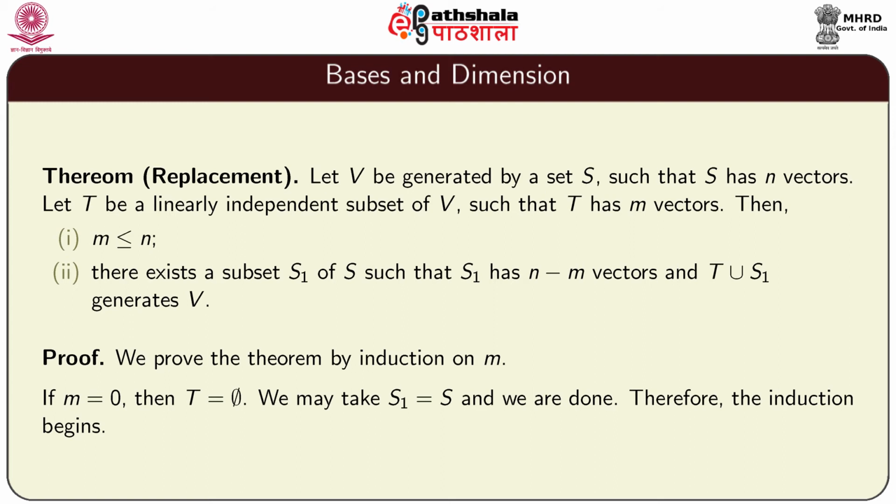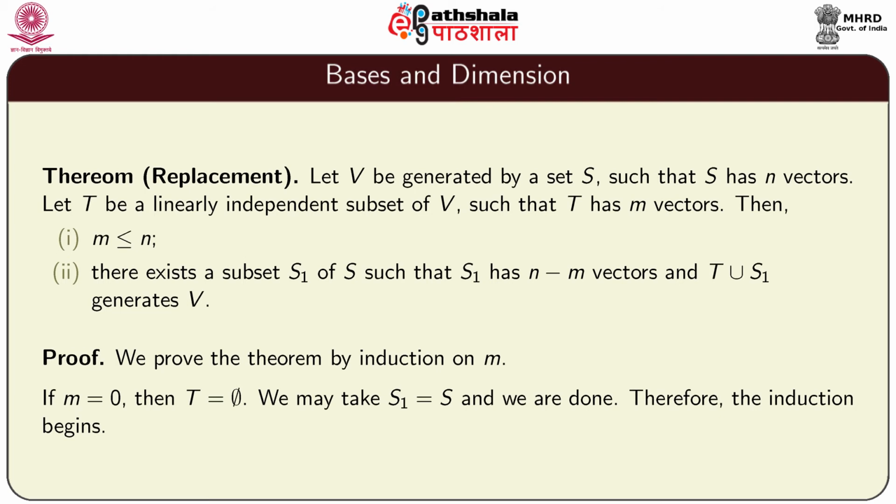The empty set is surely a linearly independent set for any vector space V, because it is vacuously true. What does that mean? That means we cannot get a non-trivial linear combination for the 0 vector with the help of vectors from T, simply because T has no element.